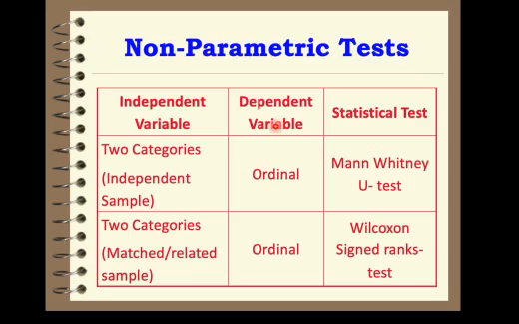Now, if we have 2 categories, again, independent variable, independent samples, and the dependent variable is now ordinal, no longer nominal, then the statistical test to use is a Mann-Whitney U test.